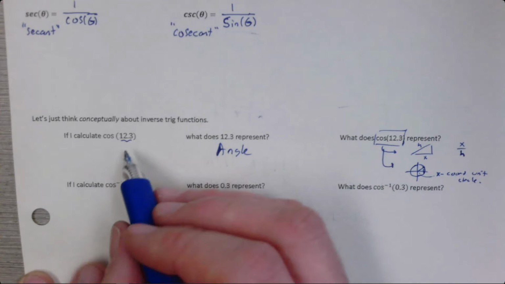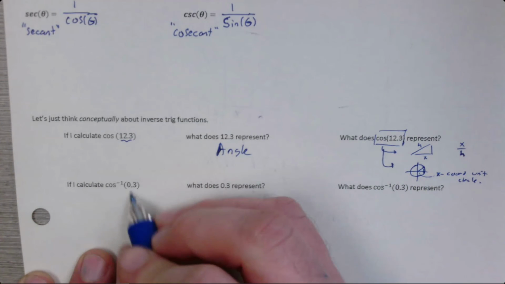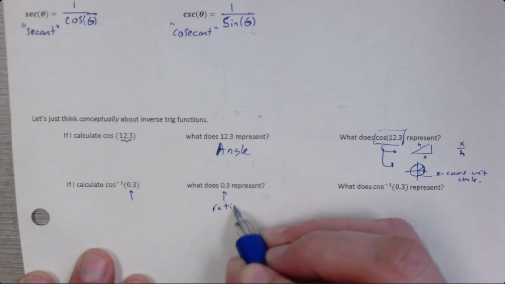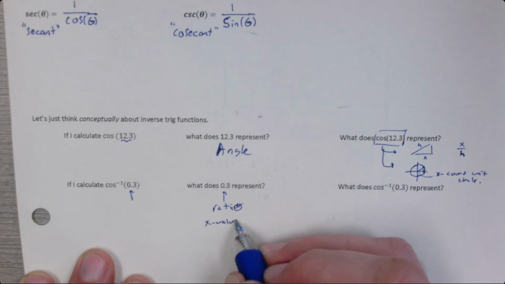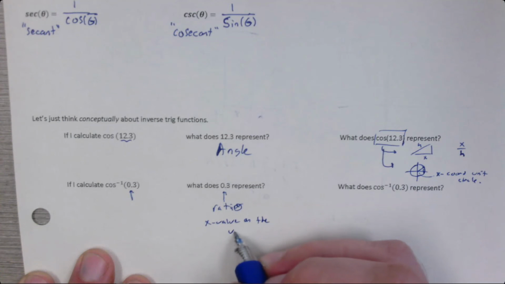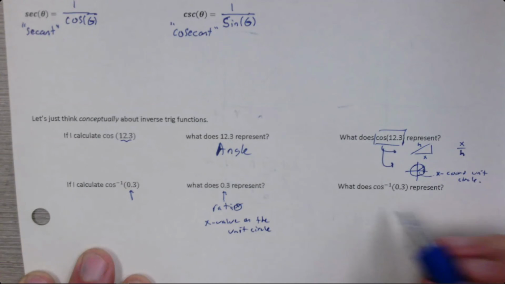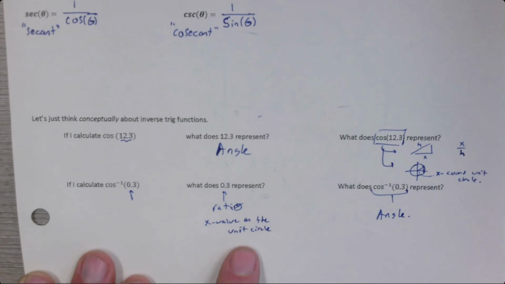So here, the input is an angle, the output is a ratio. Here, the input, 0.3, must be a ratio, or it could be an x value on the unit circle. And the output must be an angle, whatever angle makes that true.